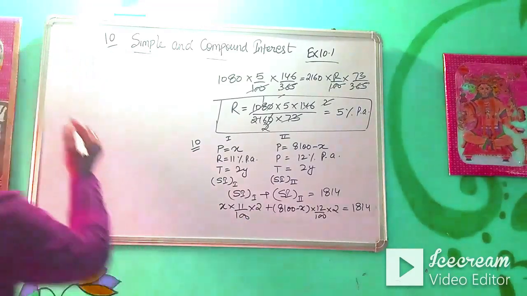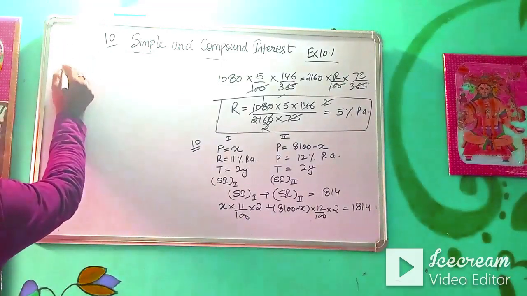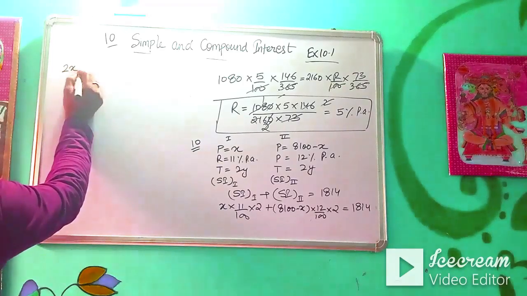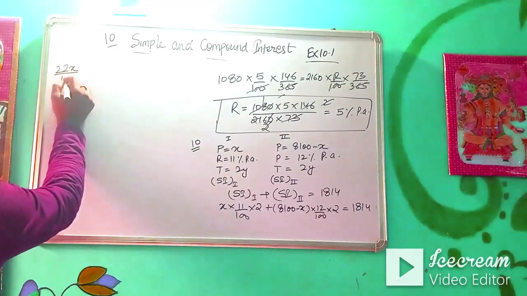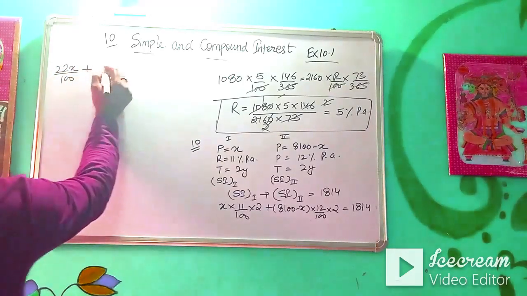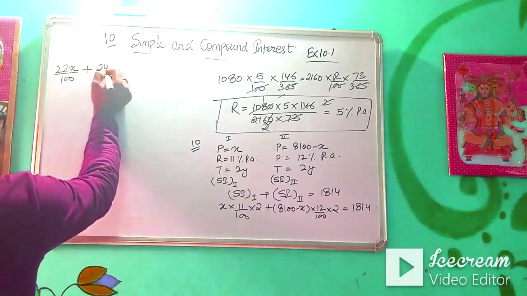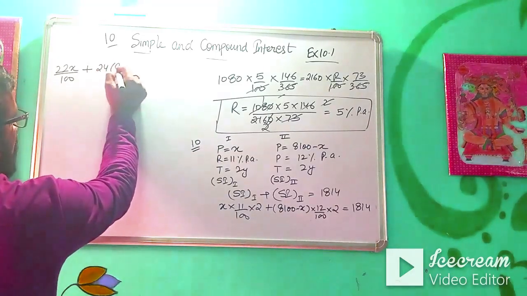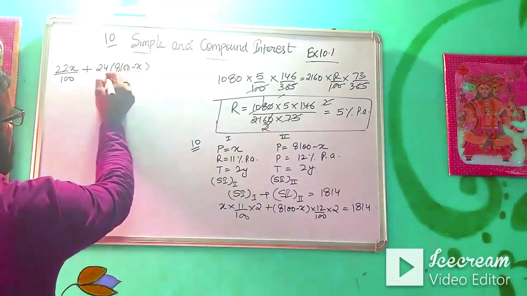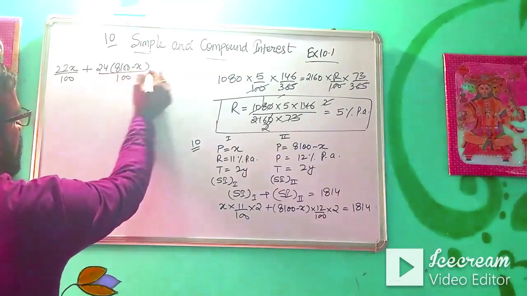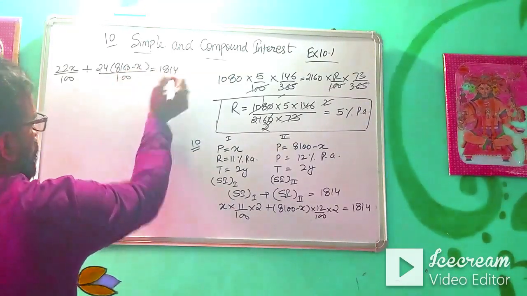Next, from here we will get 22x upon 100 plus 24 into 8100 minus x upon 100 equal to 1814.